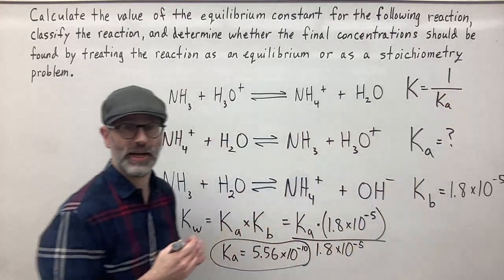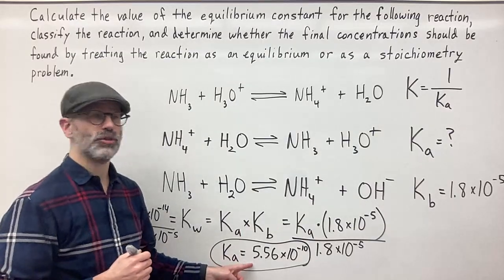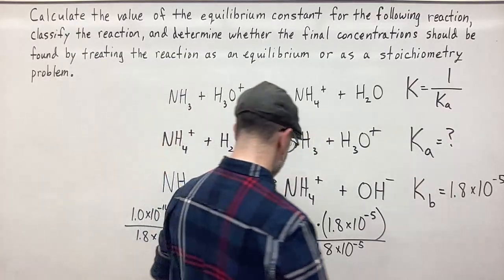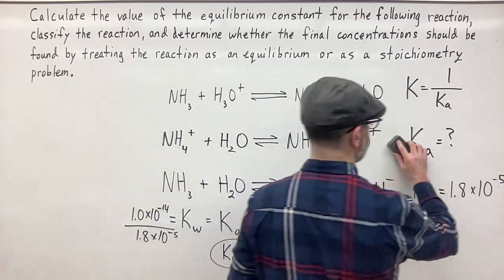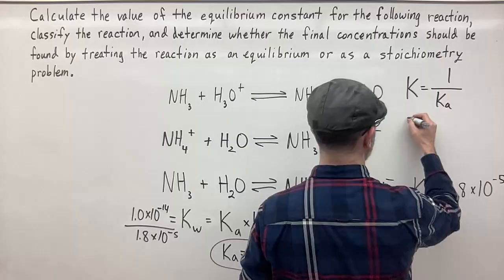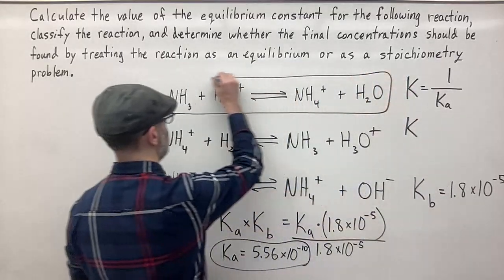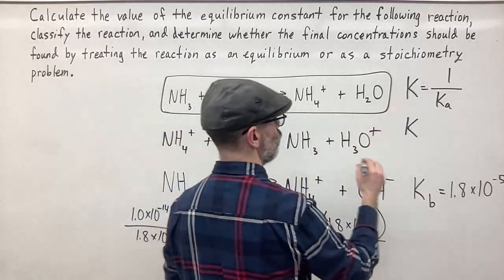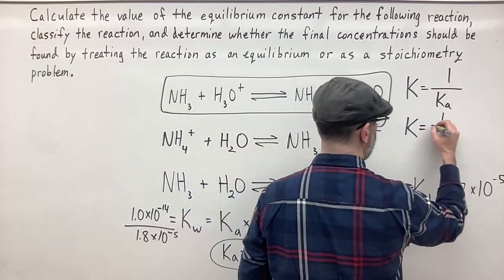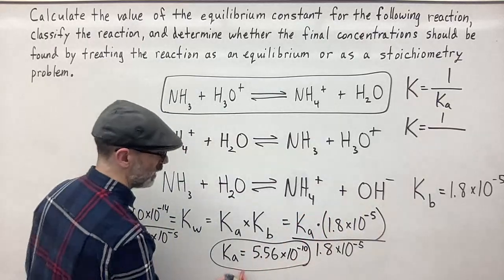Well, we just found Ka, so all we have to do is plug that in. So the K value for this target reaction is going to be 1 over the Ka value that we just calculated here.